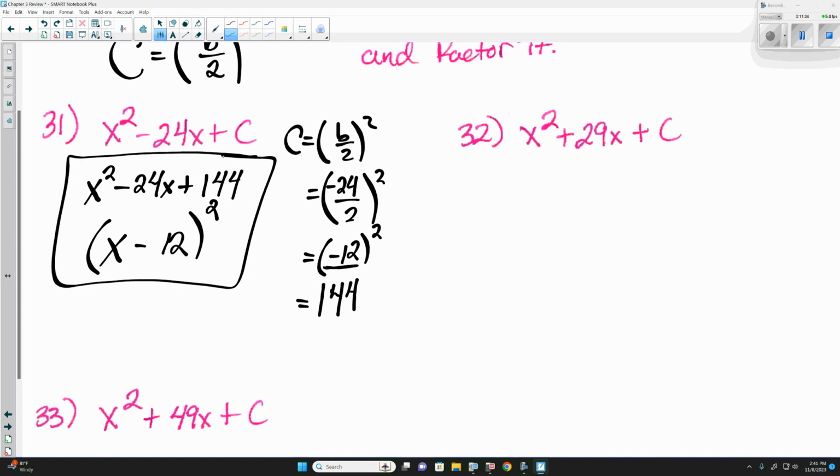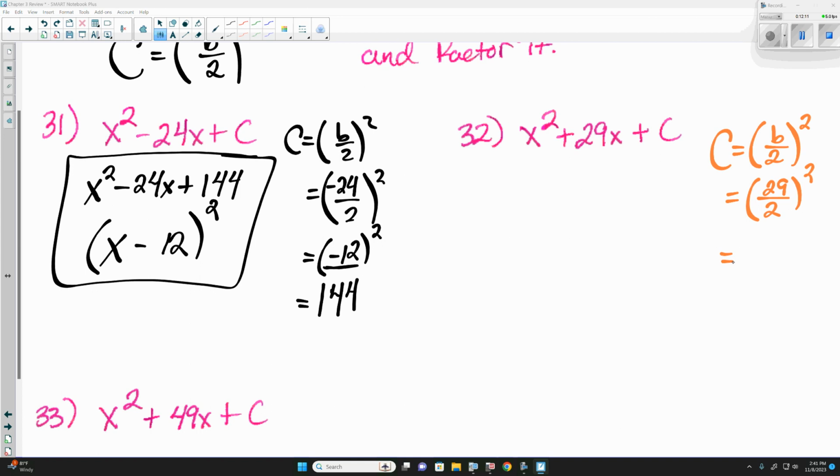This is really one of the key steps to completing the square. Let's look at 32. x squared plus 29x plus c, the value b is 29. Can we divide 29 by 2? I mean, we can, but it's a decimal. If it's a decimal, leave it in fractional form.